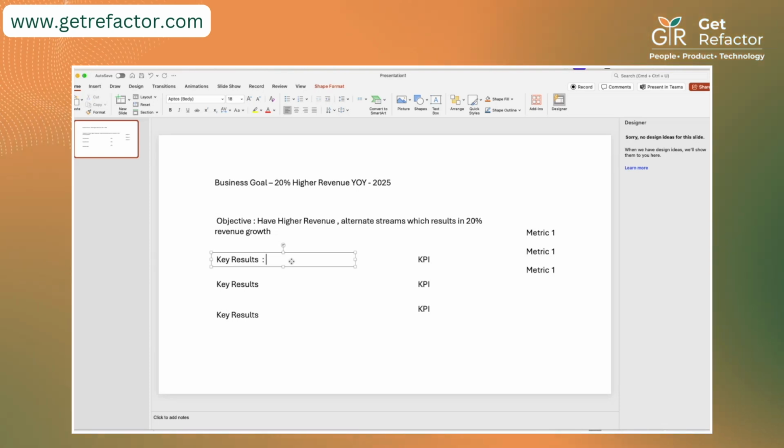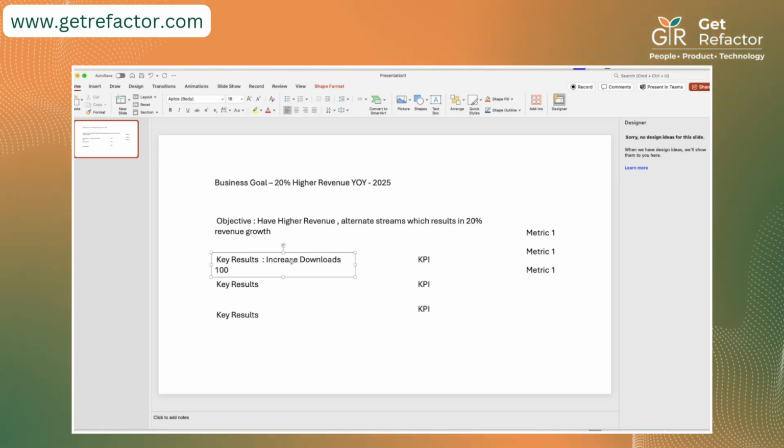So the key result that you want to achieve is to increase downloads by 100%. Okay.